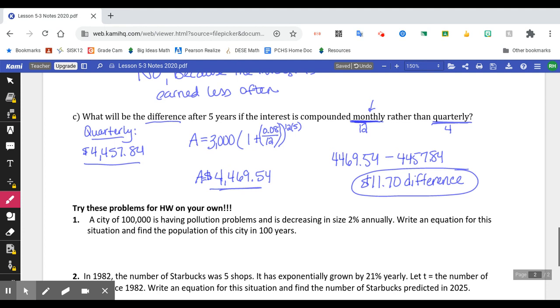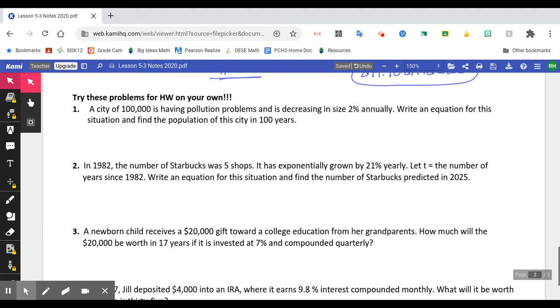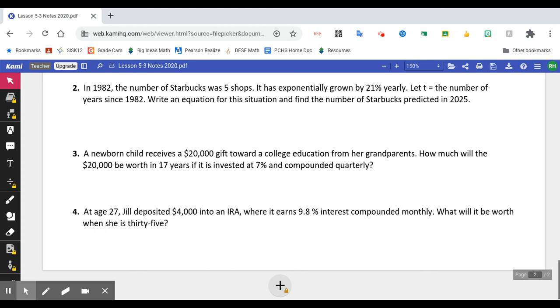Take the bottom 4, use the formula, think about increasing, decreasing, and how often it's happening. Some of these are going to be from the front side, remember. So some of them are the growth and decay problems. It's only going to use this big compound interest formula if it tells you it's compounded interest.